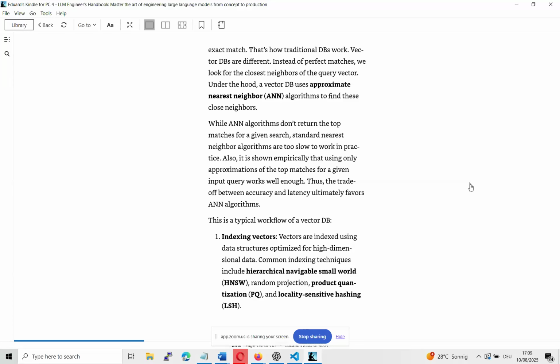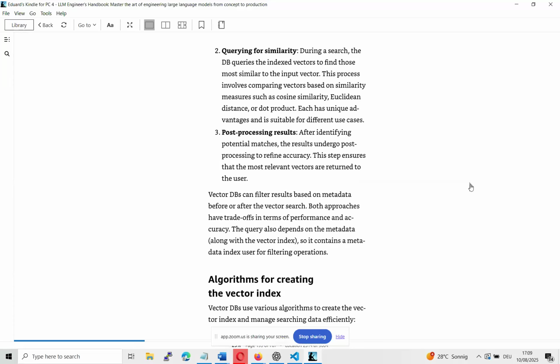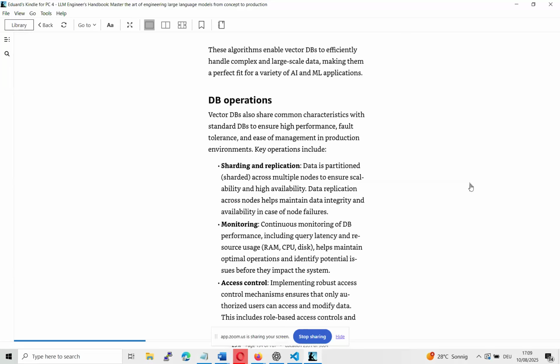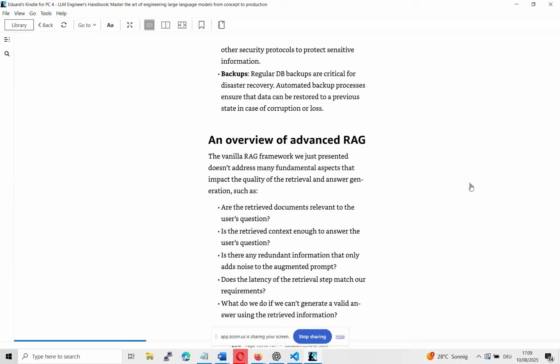First, the vectors are indexed using various algorithms, and then various operations take place, like sharding, replication, monitoring. And so this concludes the naive RAG architecture.